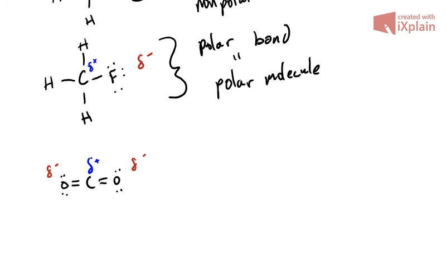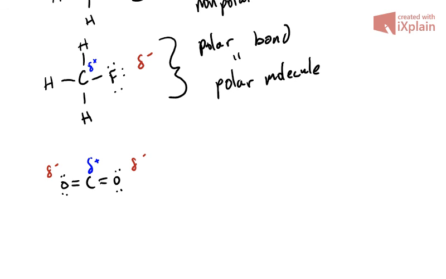So that makes this molecule non-polar. It has polar bonds, but it makes the molecule in its entirety non-polar. Is it balanced out? Essentially. You can think of it as they're pulling in opposite directions, and so they kind of cancel each other out.